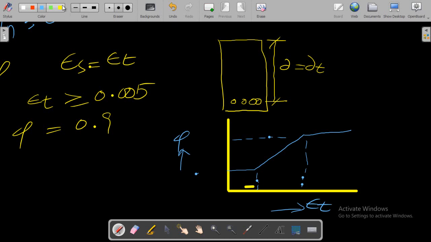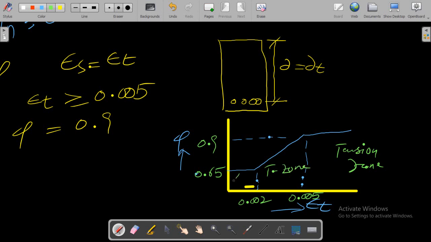Here this value is 0.65, this value is 0.9, this value is 0.002, and this value is 0.005. This is my tension zone, this is my transition zone, and this is the compression zone.